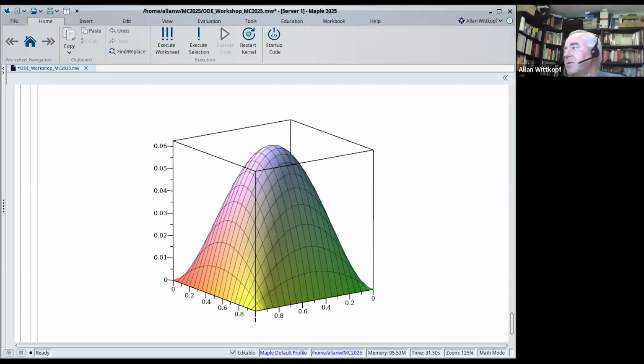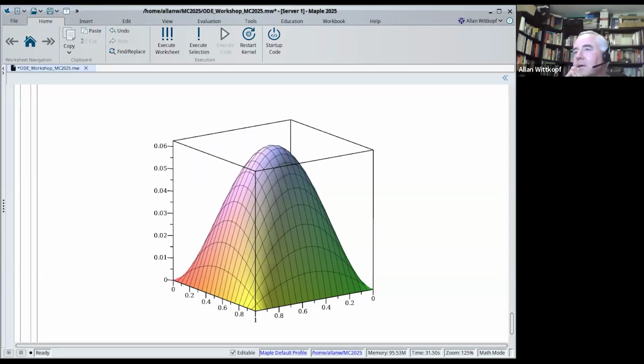Okay, so the question is, is it possible to do something for X, Y, Z, and T? And yes, you just have to come up with a larger discretization, and it'll be in 3 dimensions and have exponentially more variables.